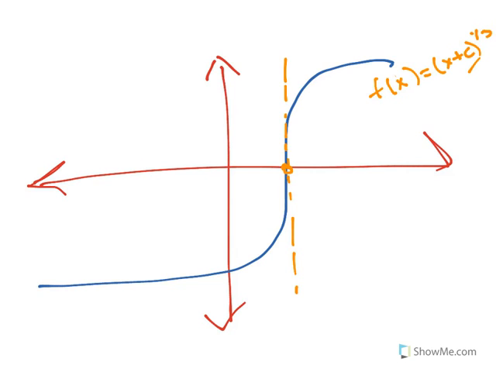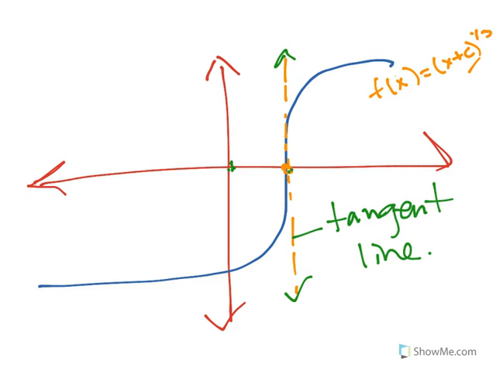I didn't want to do it exactly at 0, 0, because then some people think that that only happens if it's on the y-axis. It's a vertical line regardless of where it's found. You see a vertical line as the tangent line, and when you see this happen, the derivative is undefined.